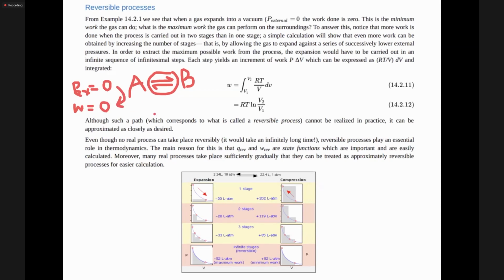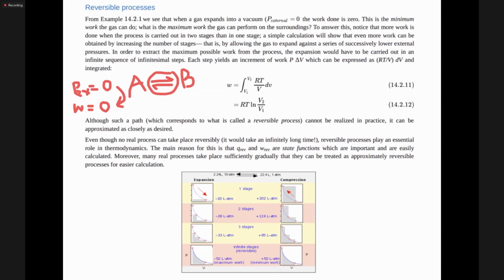Since W is equal to minus P external into delta V, when delta V is equal to 0, W will also be 0. So the minimum work that the gas can perform is W equal to 0.